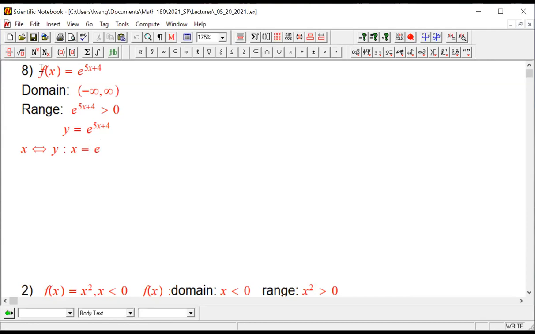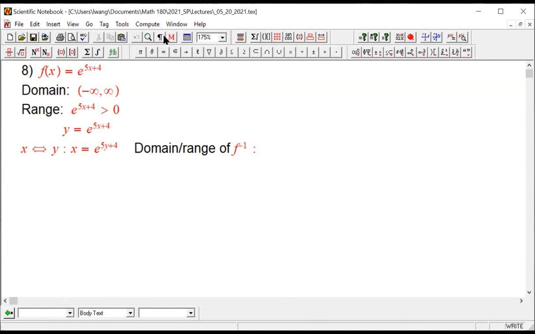So this is going to be x equals e raised to the power 5 times y plus 4. At the same time, the domain and range of the inverse are also decided right here.